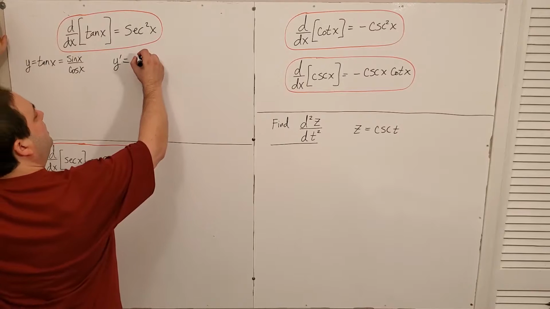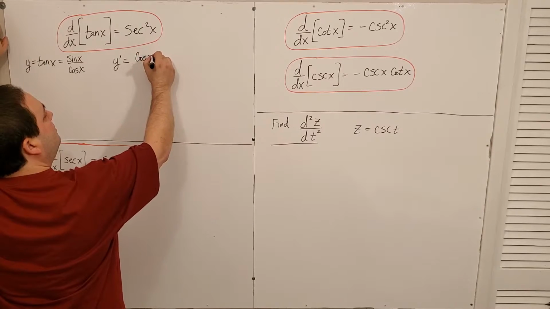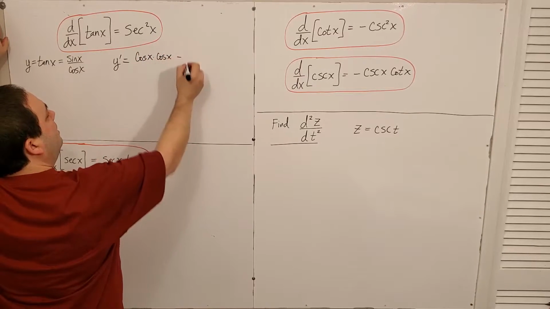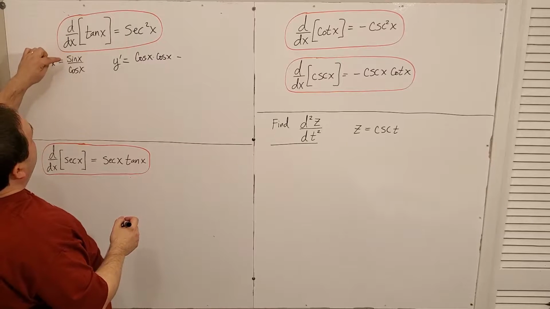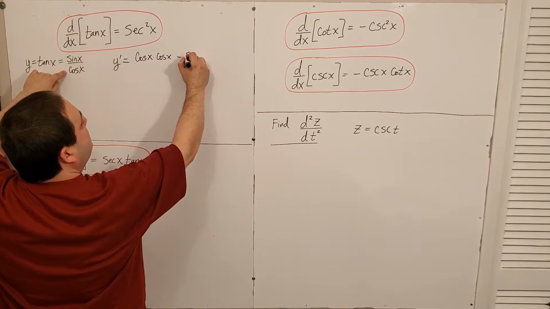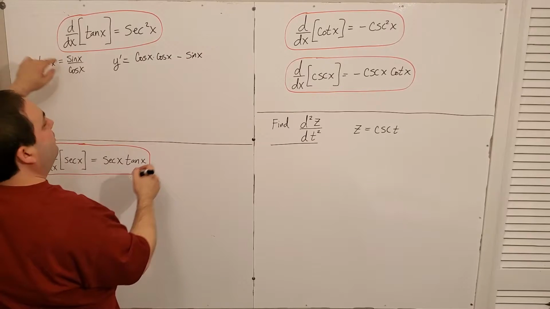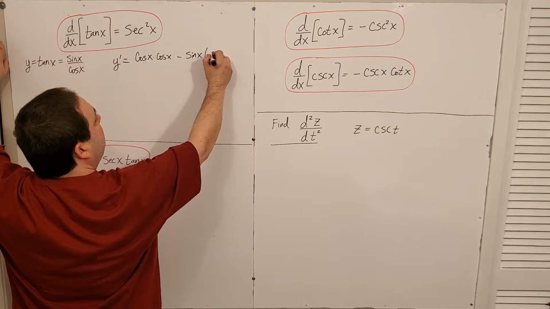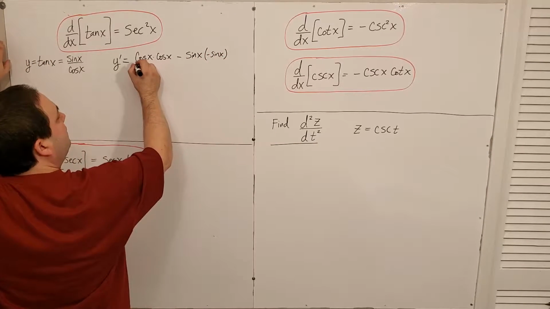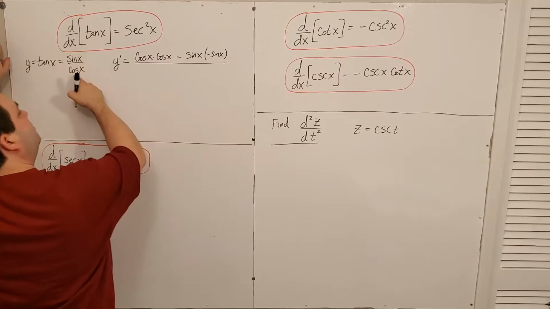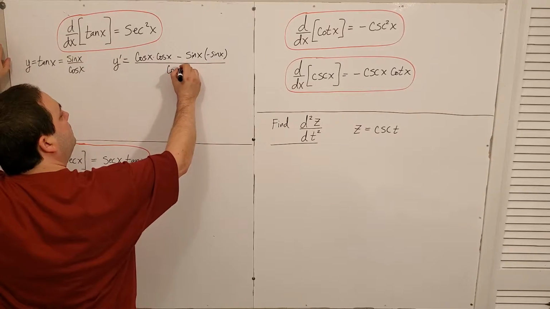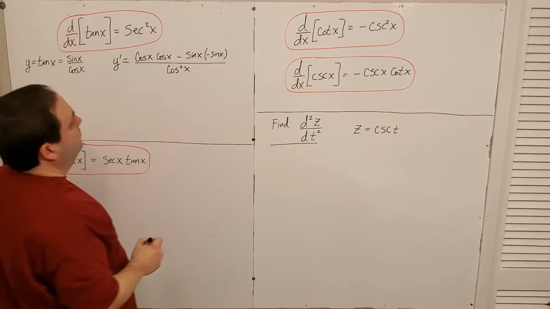Low d high. That's going to be cosine times cosine minus high d low. So high is sine, derivative of cosine is negative sine, all over square of what's below. So cosine squared.